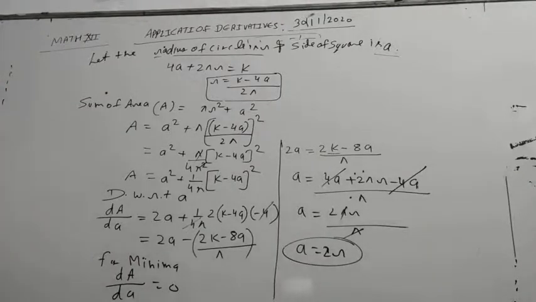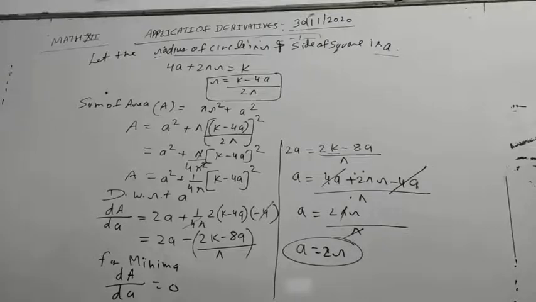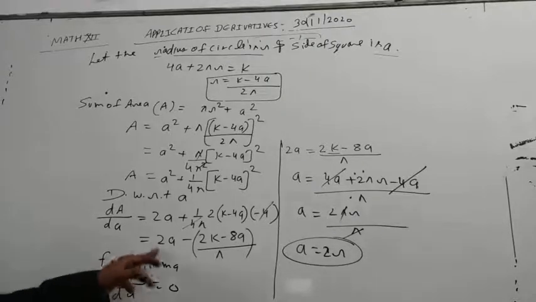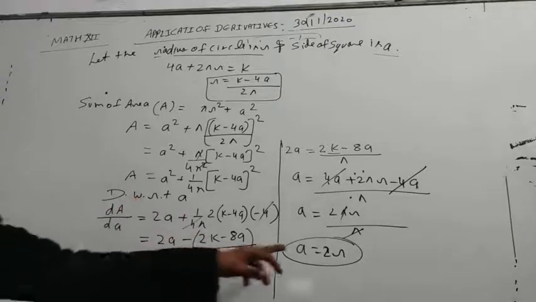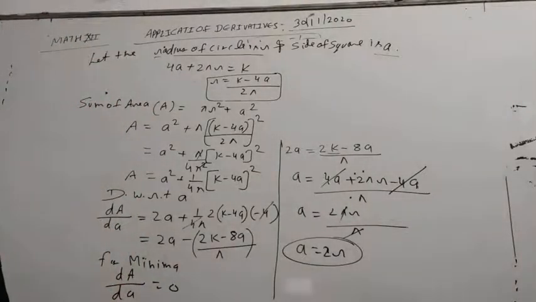Now we have to find out from here that it is minimum. So to minimize, we will find the second derivative of this, and at the point a is equal to 2r, we will check whether it is positive or not. If it is not positive, then it will be maximum. If it is positive, then it will be minimum.